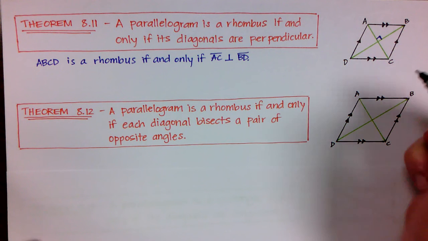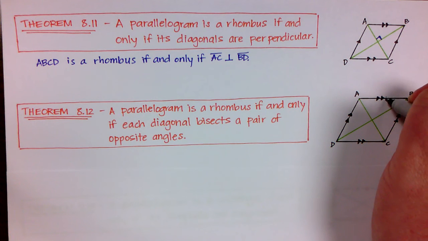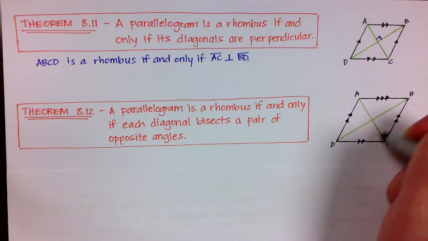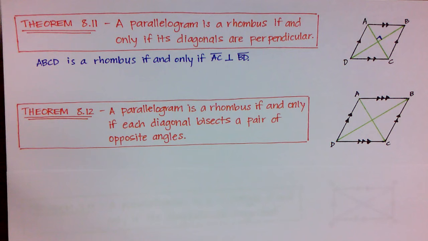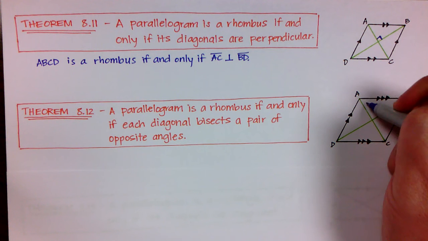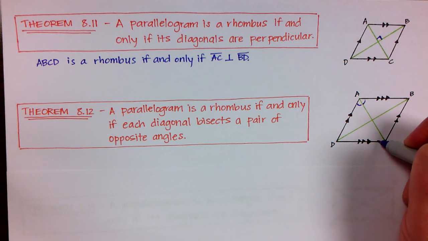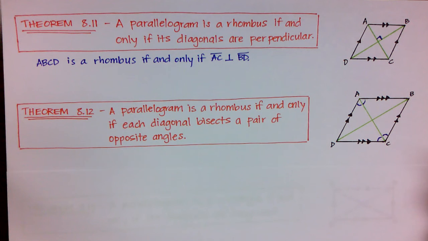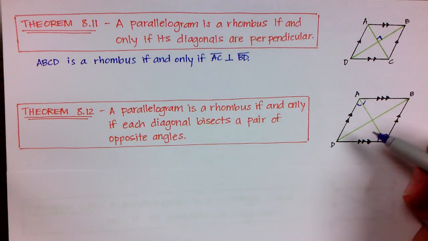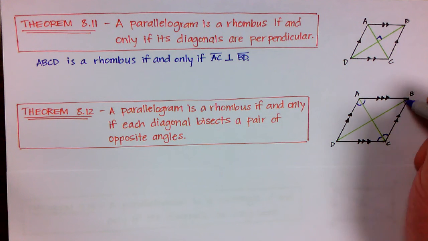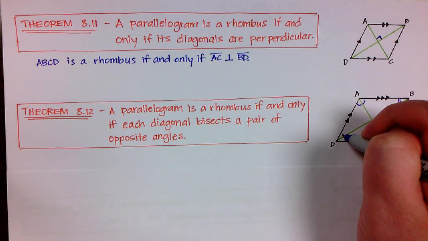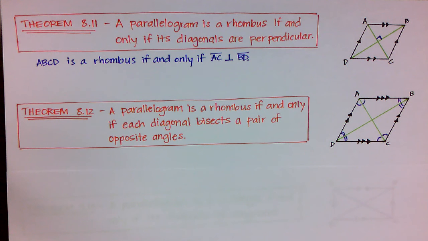I actually have too many arrows, so we're going to show this has 3 arrows right here, just so we don't get those confused. And what this is saying is that the diagonal is actually bisecting that corner angle. So those angles right there are all exactly the same. And same with the other angles with the endpoints B and D, that those are the same, and those are the same because they're being bisected by the diagonal.